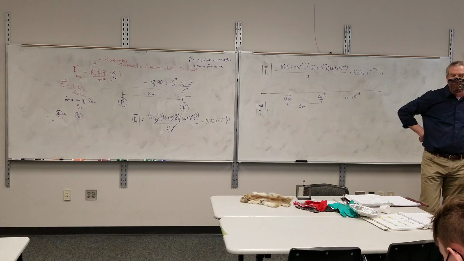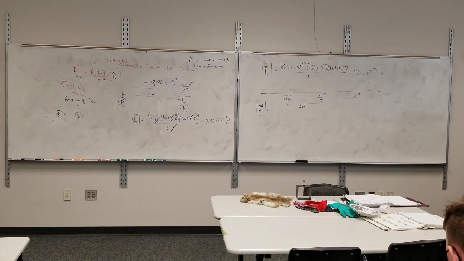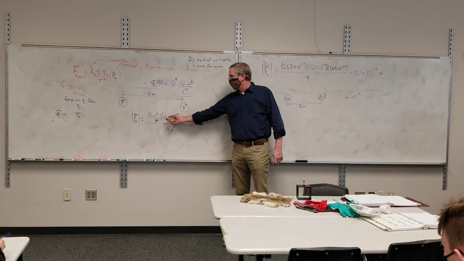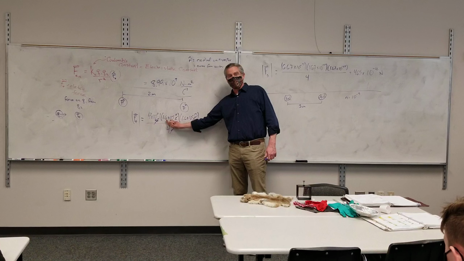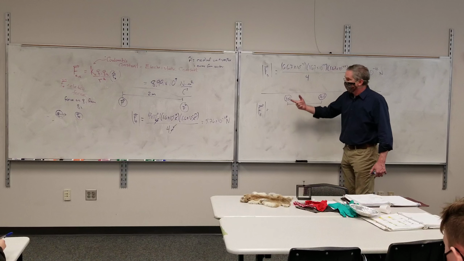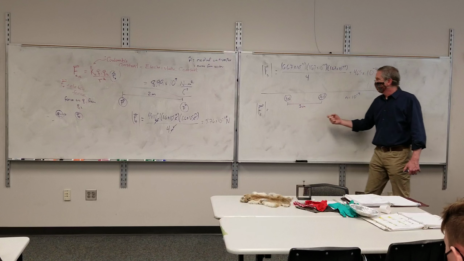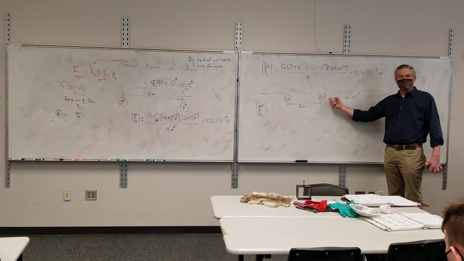Question, because it's nanocoulombs, does that affect the formula at all? It doesn't affect the formula, it affects what you plug in right here. So for the proton, it was 1.6 times 10 to the negative 19th. Now, for one of the charges, you'll do 3 times 10 to the negative 9th coulombs, and then 5 times 10 to the negative 9th coulombs.